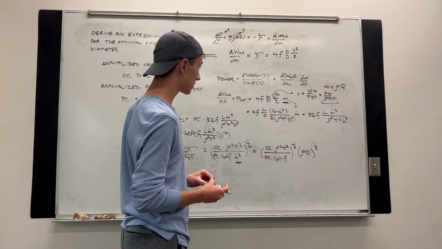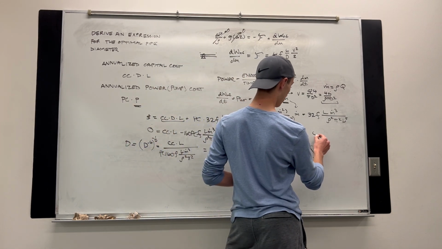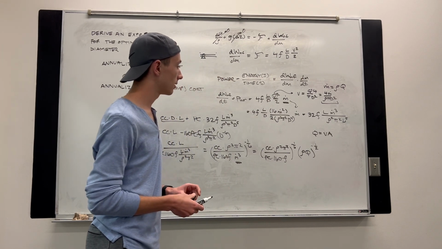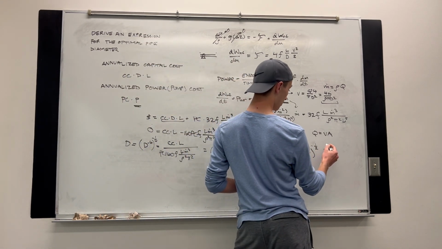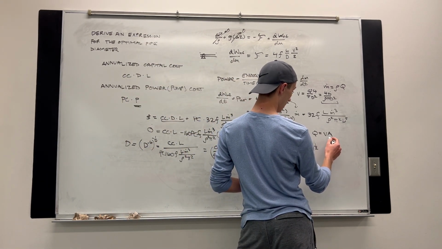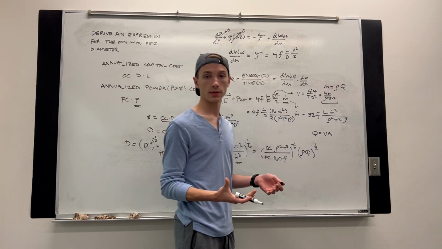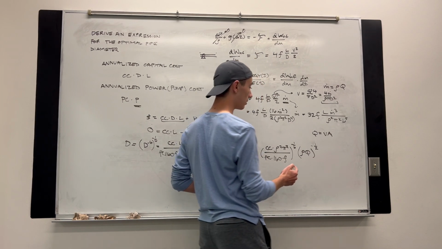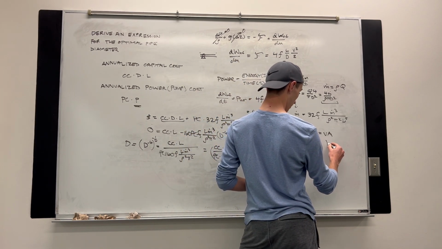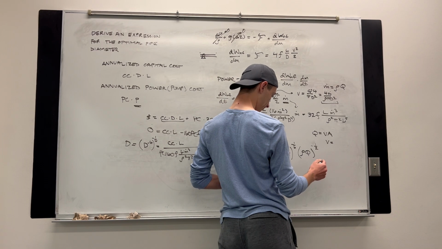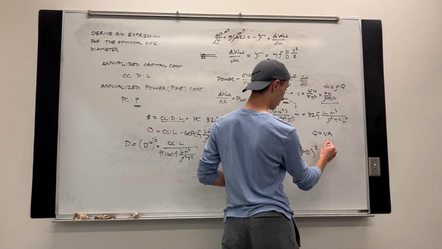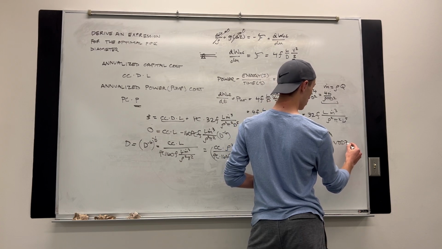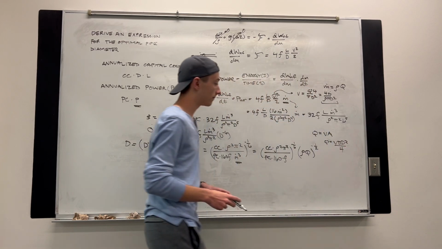And Q is just the velocity times the area, right? And an area of a cylindrical pipe is just pi r squared, or pi d squared over 4. So Q equals V times pi d squared over 4.